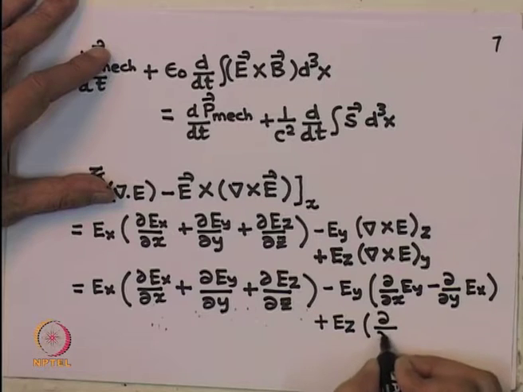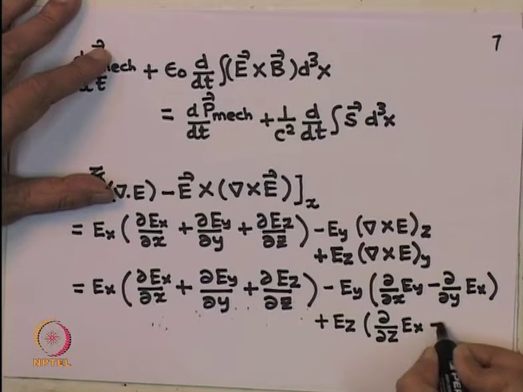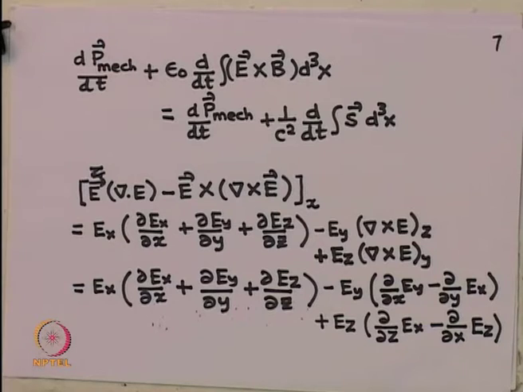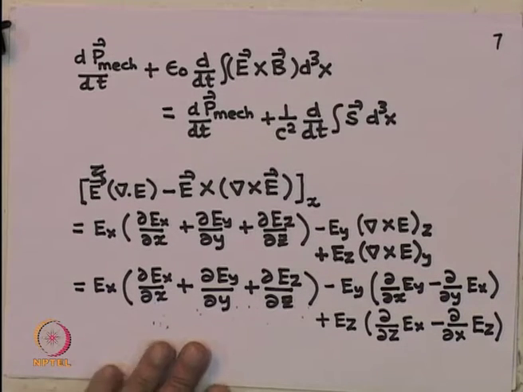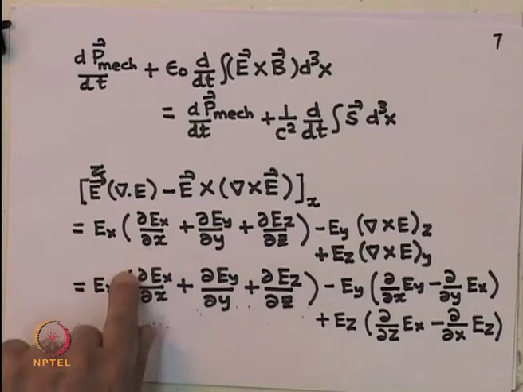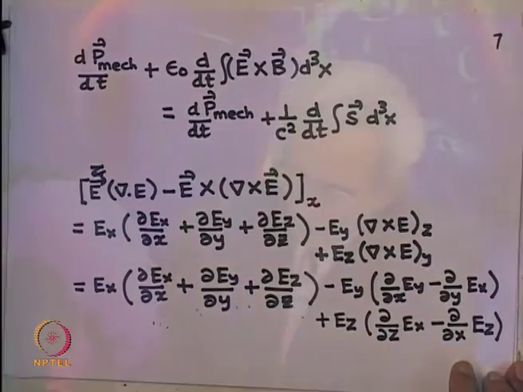So, d by d z of E x minus d by d x of E z. Okay. There are a lot of terms, but remember this is just an x component. I will have to add to it the y component and the z component also. But let us look at how to simplify this x component.